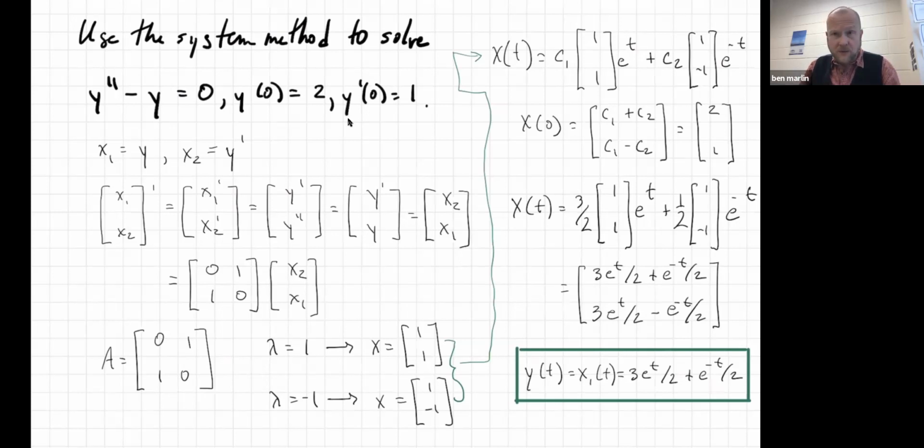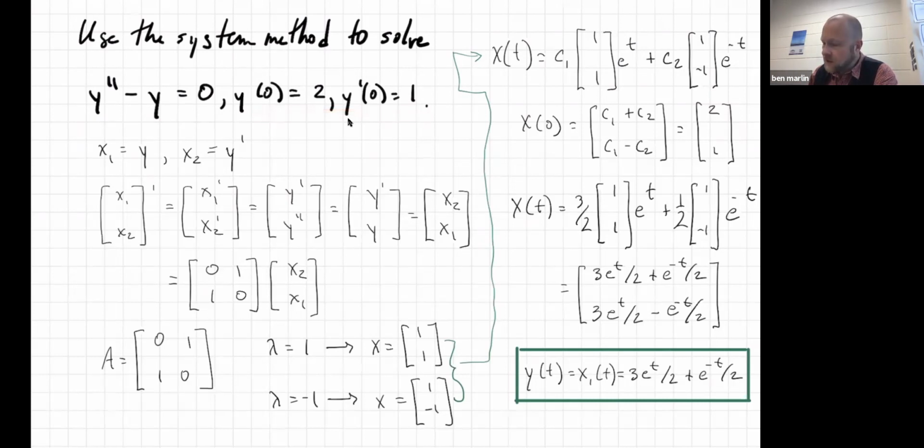Now, my examples are going to be linear because linear examples are easy to write out and see the details of. However, this works perfectly well with something that's nonlinear. It's just harder to write out, okay? So we're going to look at a second order initial value problem here. It's just y double prime minus y equals 0. Okay, that's the differential equation part of it. And then we've got our initial conditions written out there.